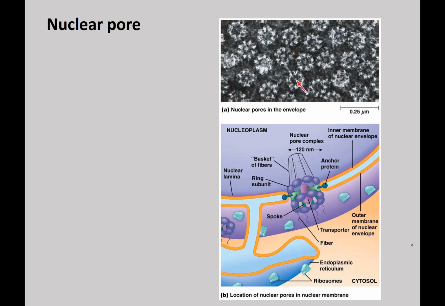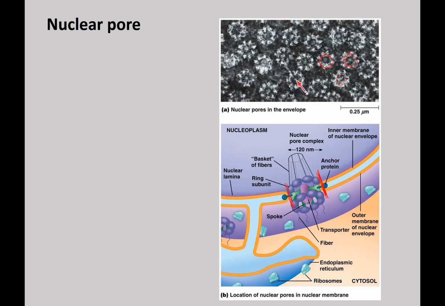So we've talked about active transport and facilitated diffusion. These are examples of that, but very specific to the nucleus. This pore has to cross both membranes. This is an electron micrograph showing you these flower-looking things.